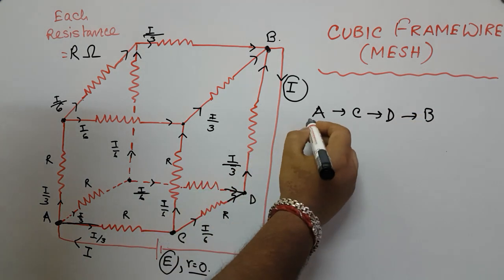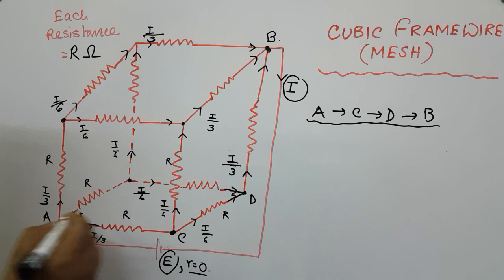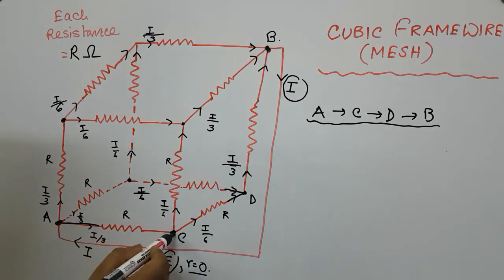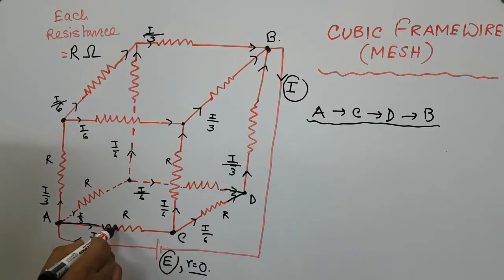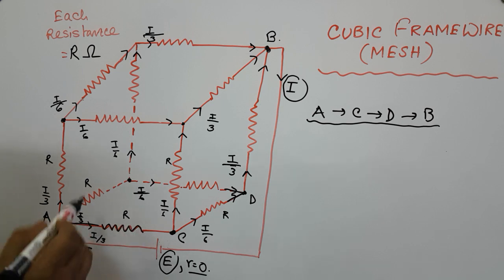From A to C, the resistance is capital R and the current is I by 3.